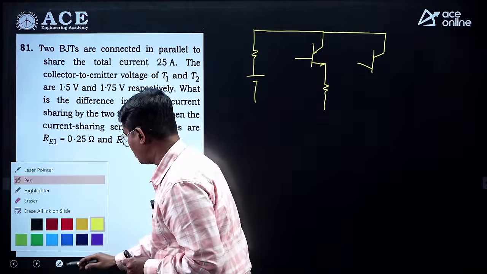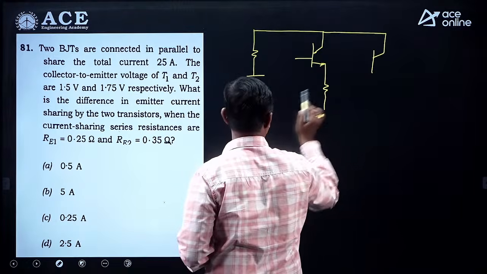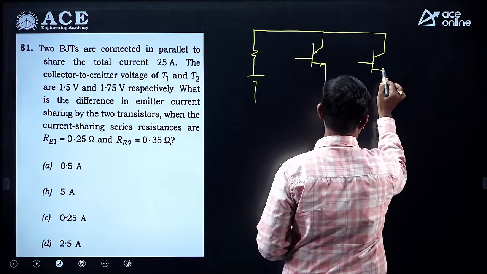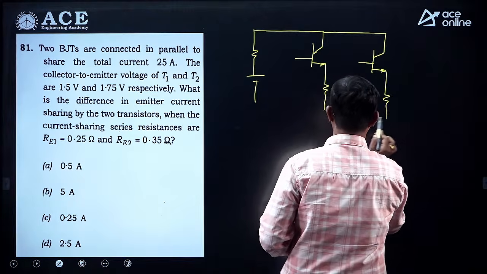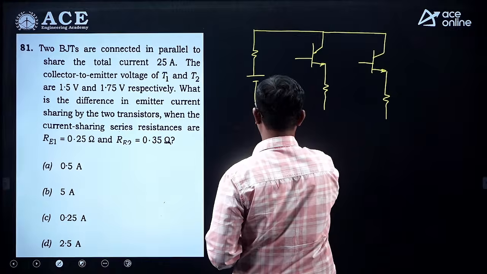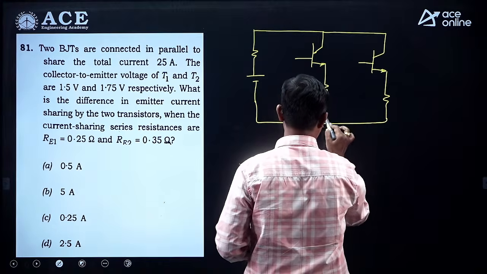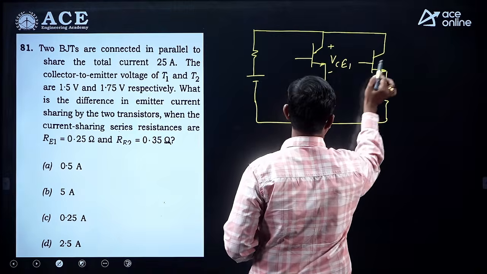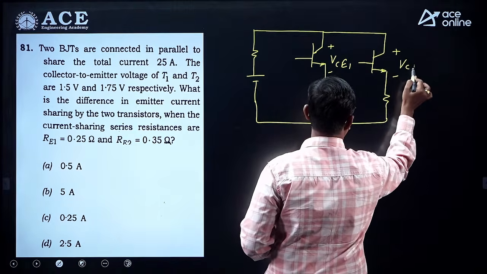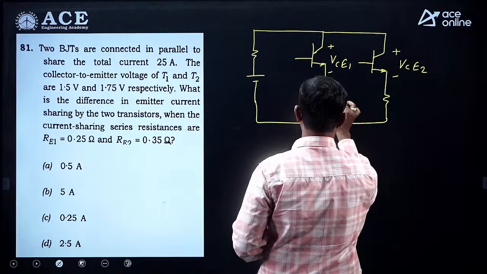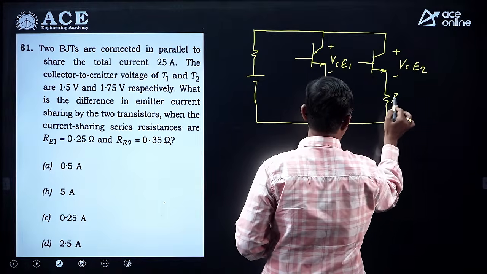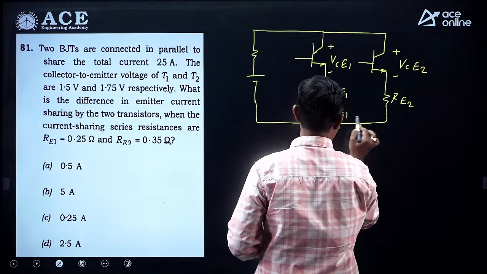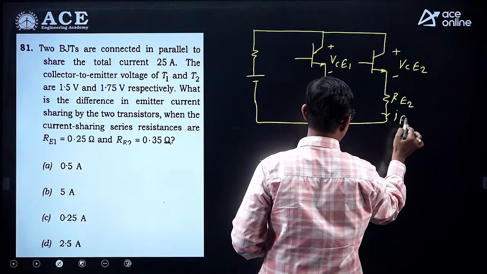Yes, we have the two BJTs. This is VCE1, VCE2, RE1 and RE2. The current here is IE1 and here it is IE2.